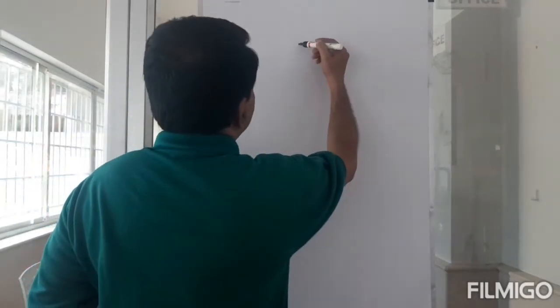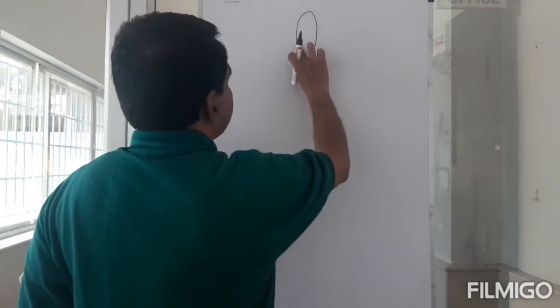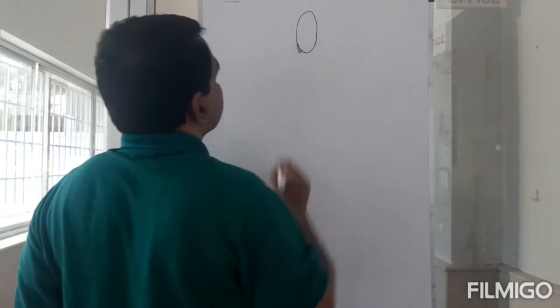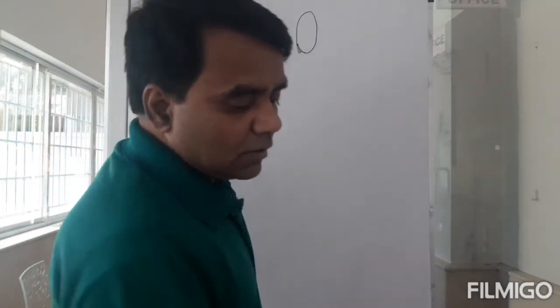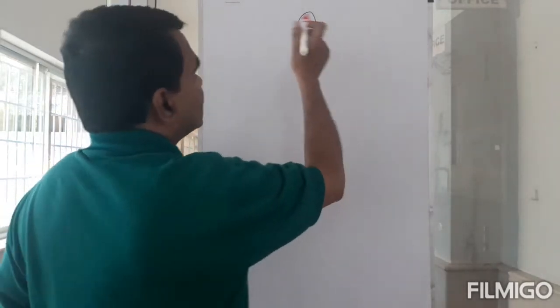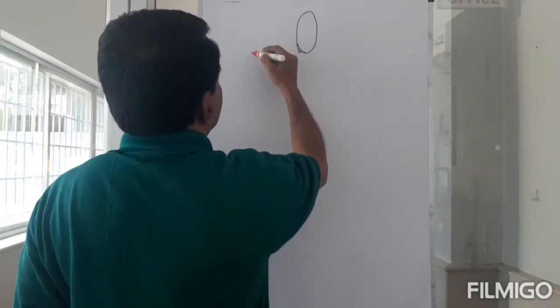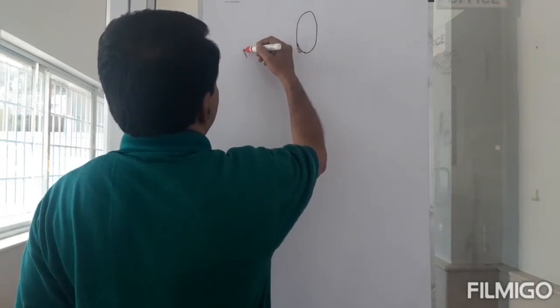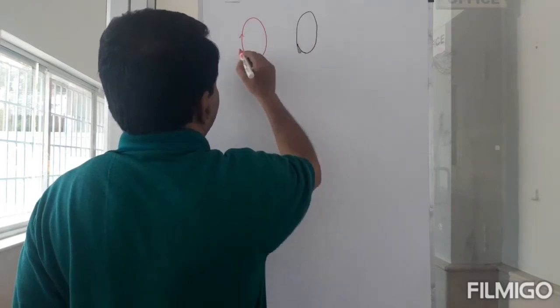Suppose you have a loop of conductor. I'm going to have a magnetic field produced by another loop where you have current flowing through.